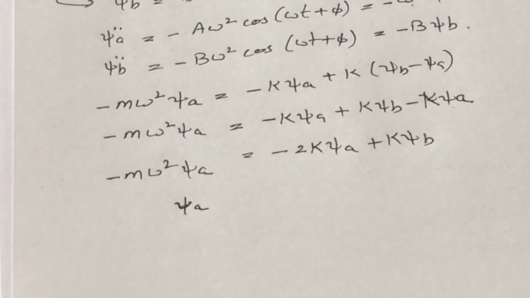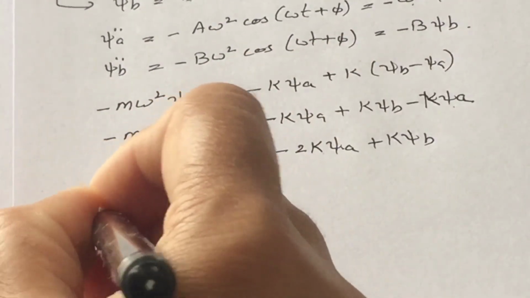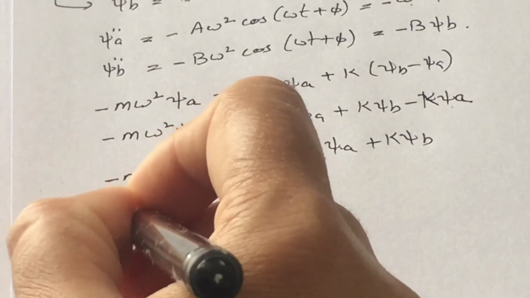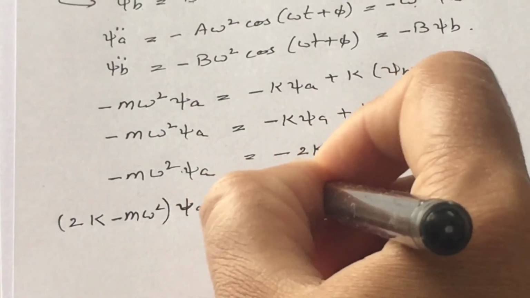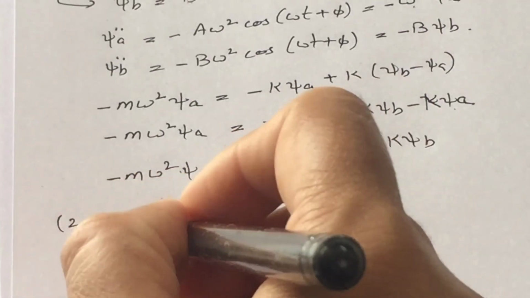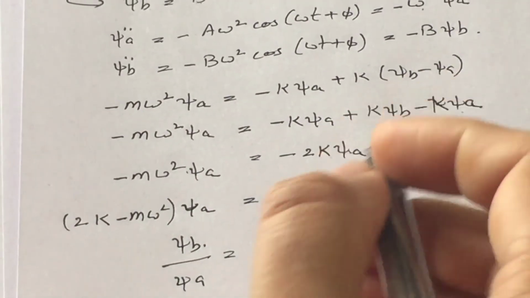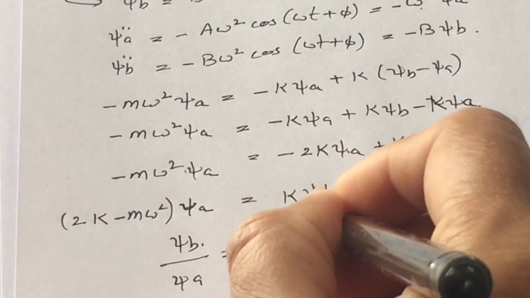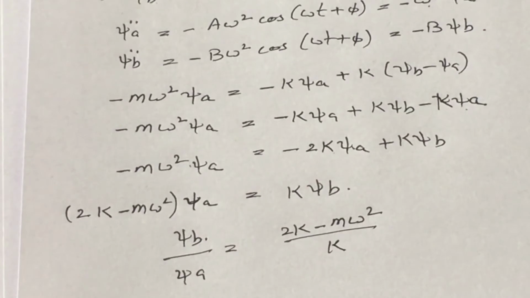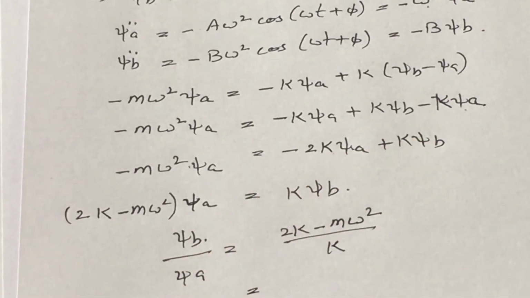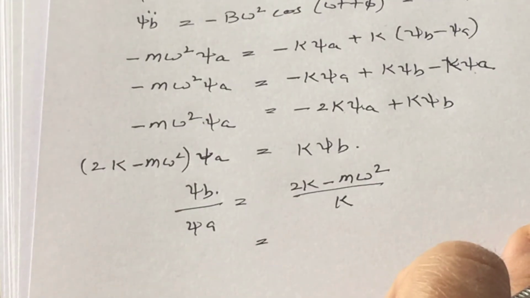Equate for psi a and psi b. What will you have if we shift this term to this side? This will become 2k minus m omega square, times psi a, is equal to k psi b. And for the ratio of psi b and psi a, what will you have? That is 2k minus m omega square divided by k, or we can write it in terms of k by m, that is the normal frequency for a simple pendulum.